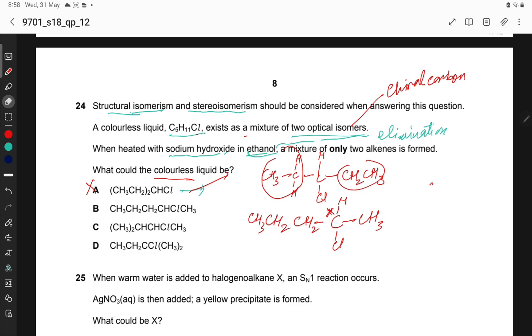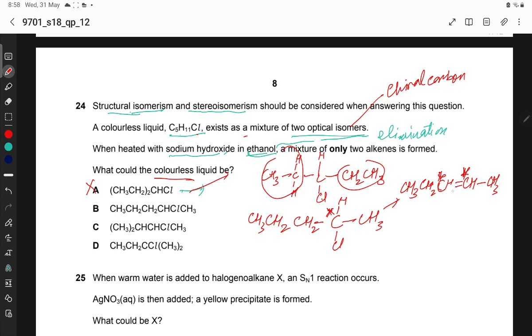And the compound which is formed is CH3, CH2, CH double bond, CH, CH3.